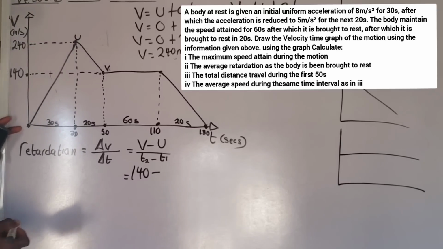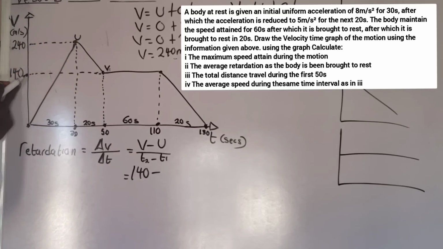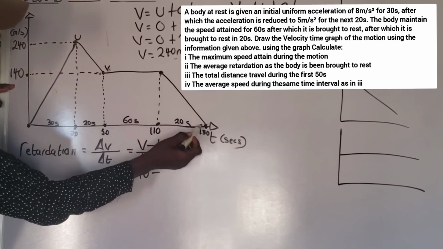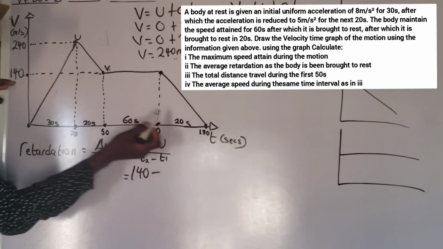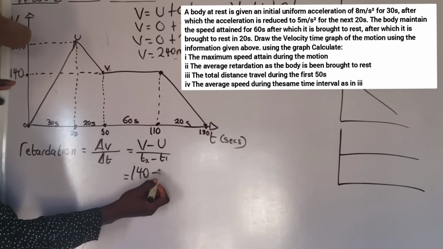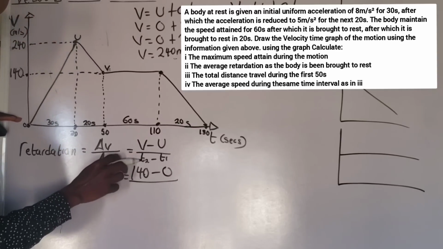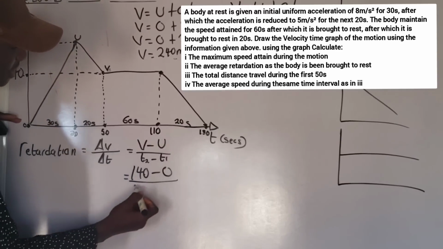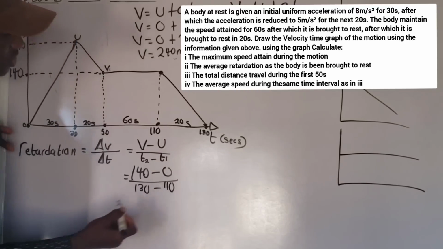Please pay attention. The reason why I'm making reference to this velocity is because you can see the body is brought to rest from this point to this point. So the velocity at this point is 140. The velocity at this point is 0. So that's why I have 140 minus 0 over t2, which is 130, minus 110.